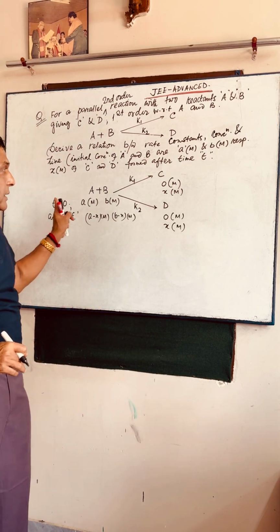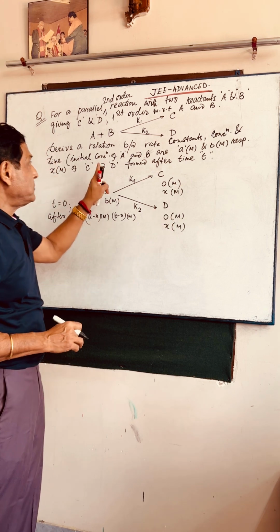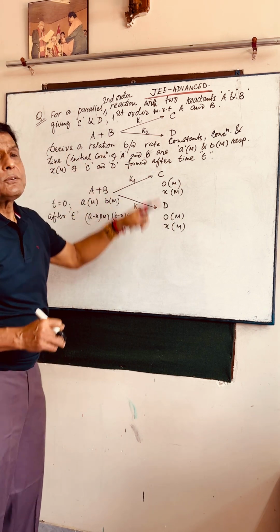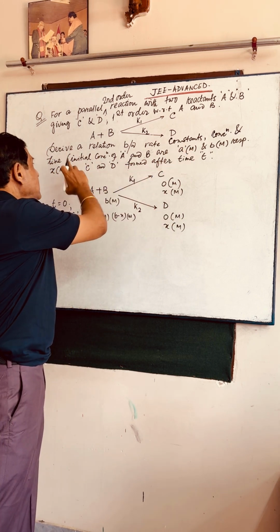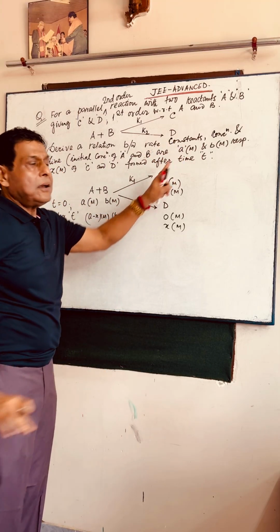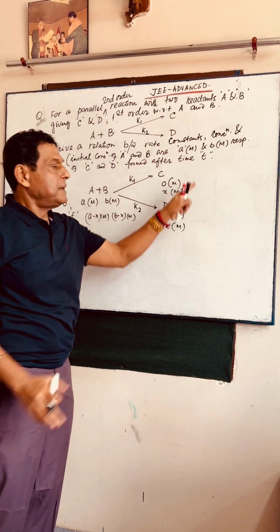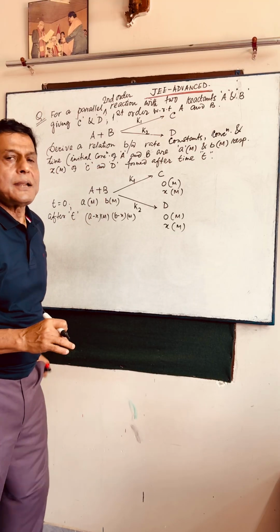Now, what is the rate of this reaction? Because we have to determine the relationship between rate constants, concentration, time, and concentrations of A and B, these will be involved in the derived equation.